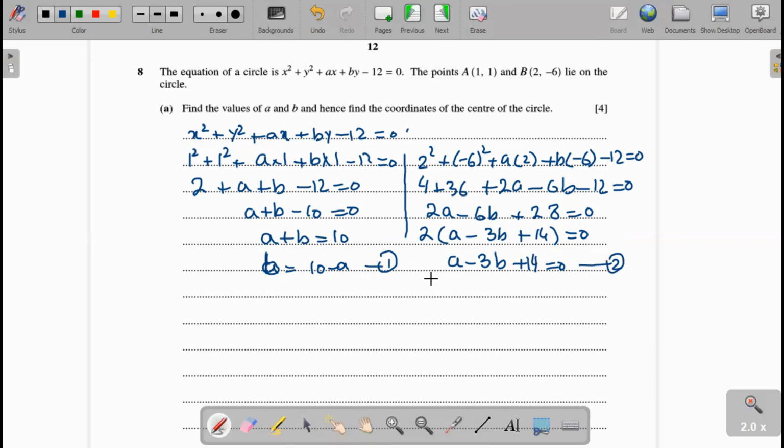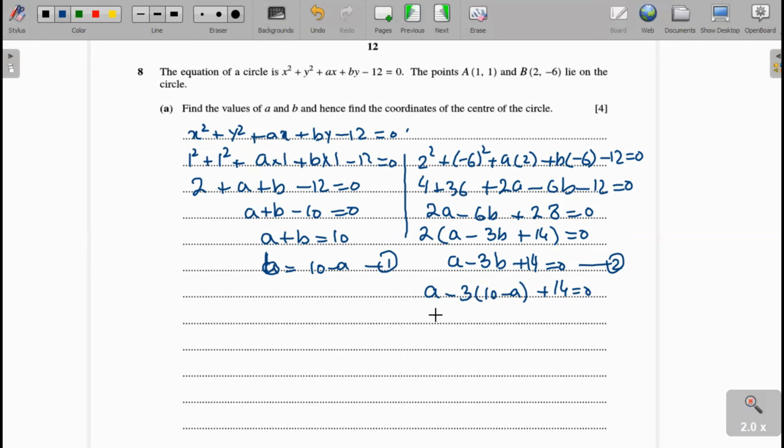Now we put this value of b in this equation. We get a minus 3 times (10 minus a) plus 14 equal to 0. Now a minus 30 plus 3a plus 14 equal to 0.